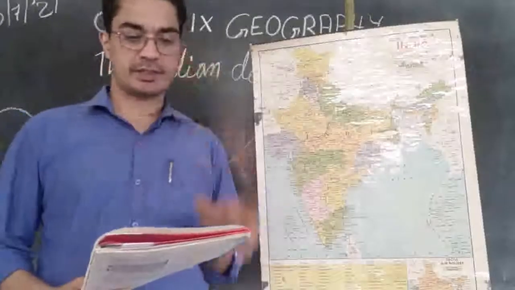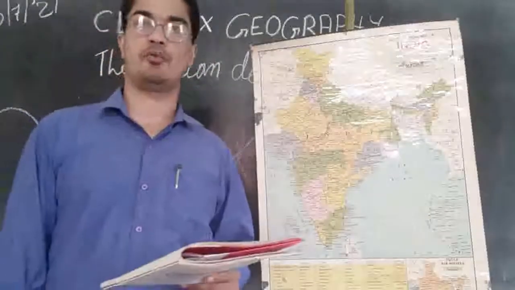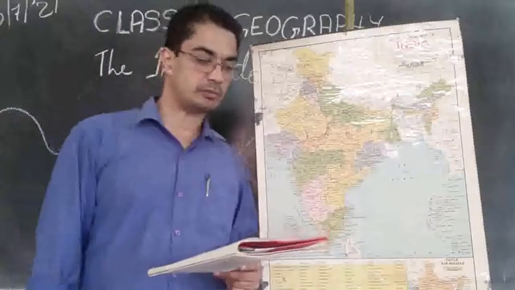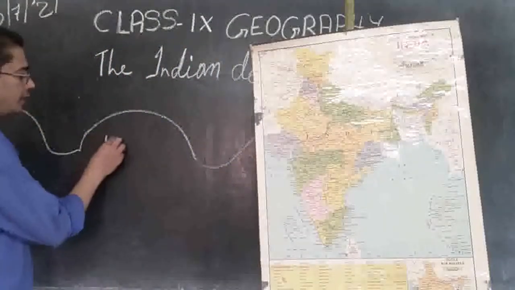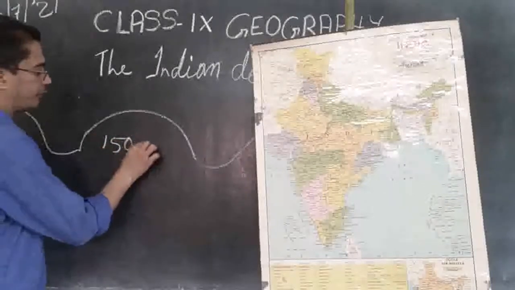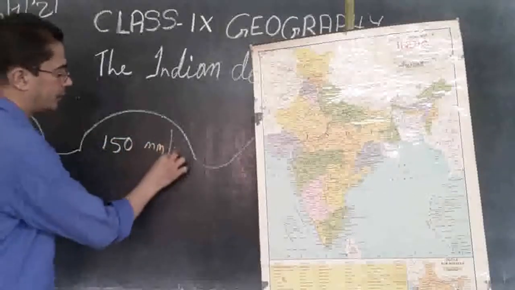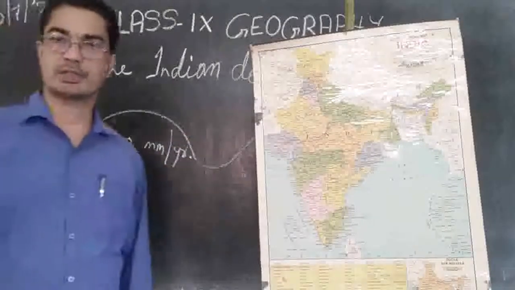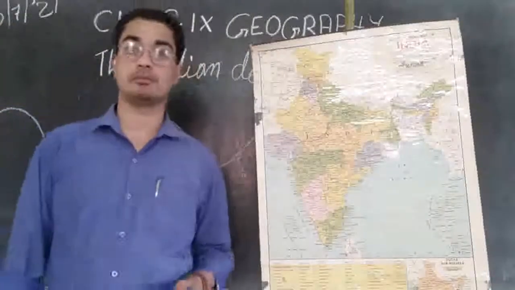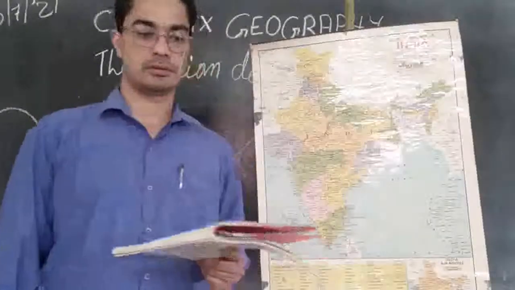Then this region receives very low rainfall, below 150 mm per year. So the rainfall that they receive is very little, 150 mm per year. In a year they receive just 150 mm. That is too little.